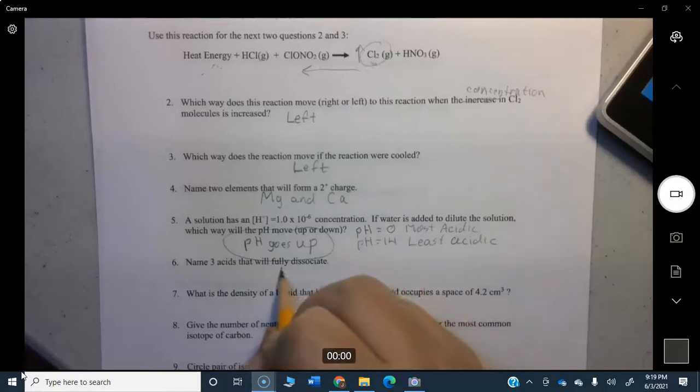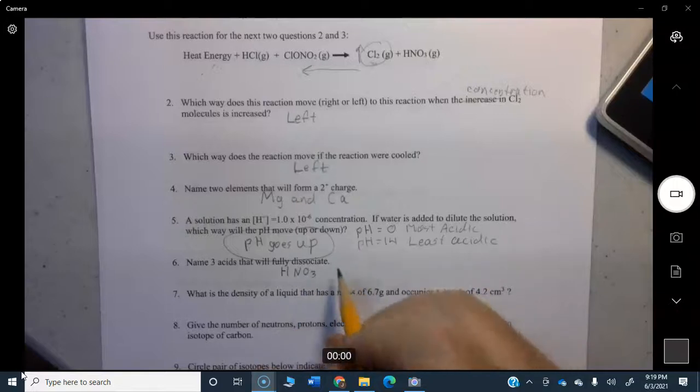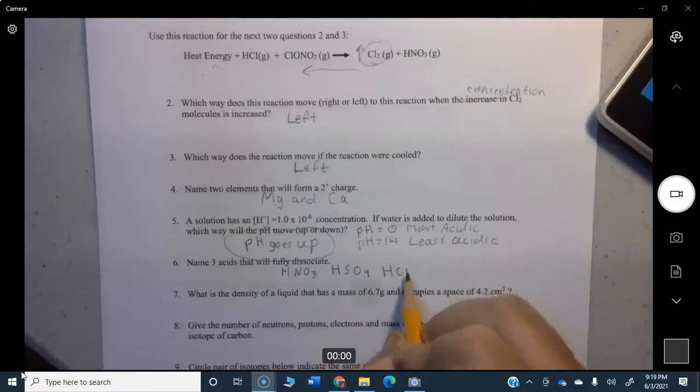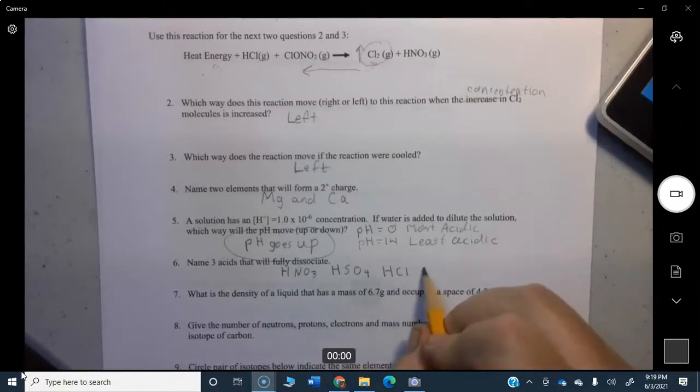Okay? So you have nitric acid would be one. You can have sulfuric acid. You can have hydrochloric acid. You can have perchloric acid.